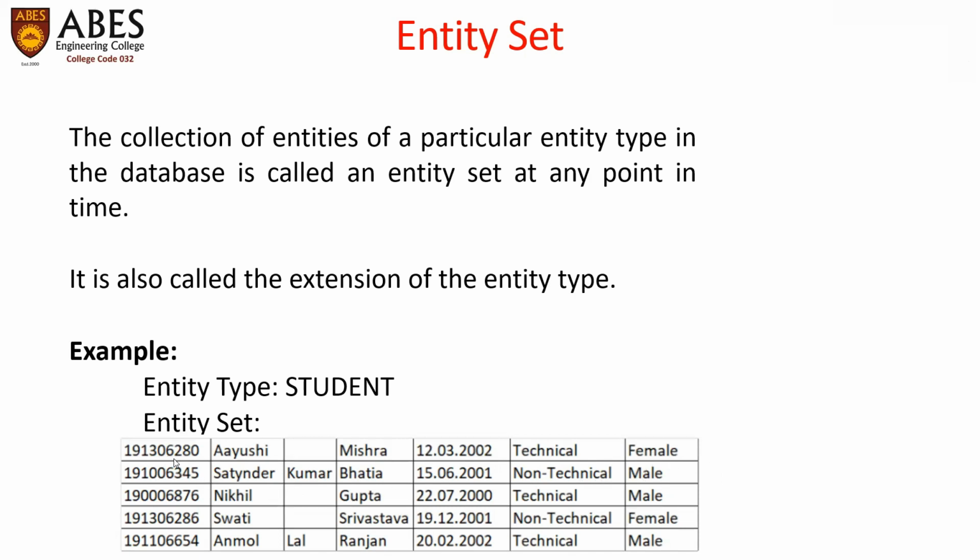So whichever entities are present in the database at that point of time constitute the entity set. Like we can see over here, these 5 entities, Ayushi, Saten, Nikhil, Swati, and all, form the entity set at any given point of time. And this entity set is also known as extension of the entity type.